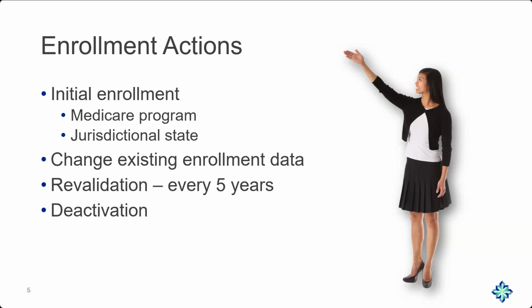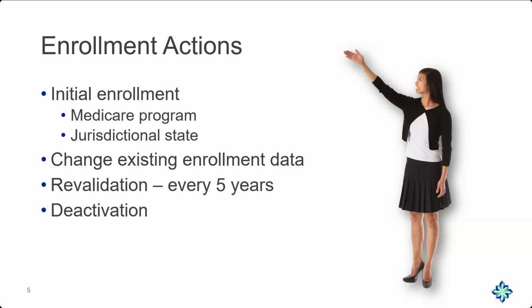They do not have a provider transaction access number. That can happen simply because that facility's maybe been in business for years. Maybe they're a new facility, but if they're an existing facility, they've maybe just not seen a Medicare patient until this time. So it's not uncommon for individuals or organizations to be practicing and then all of a sudden needing to now enter the Medicare realm and billing those.